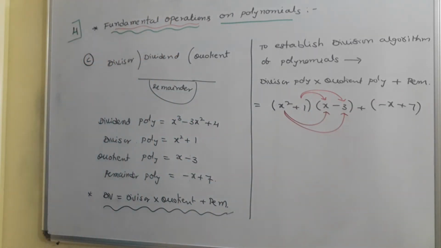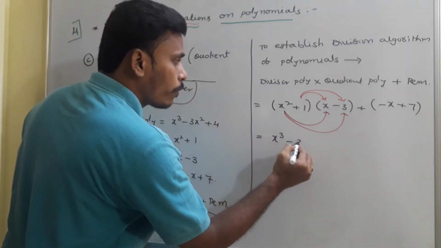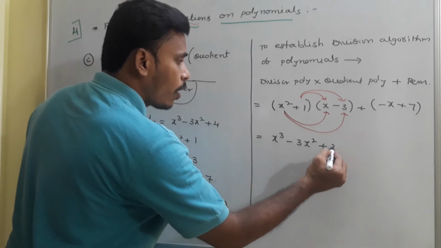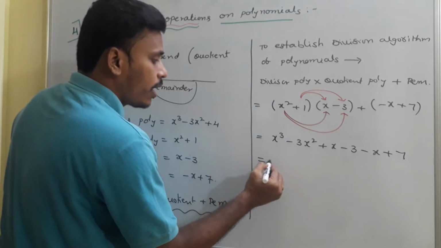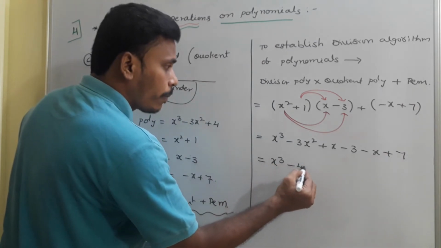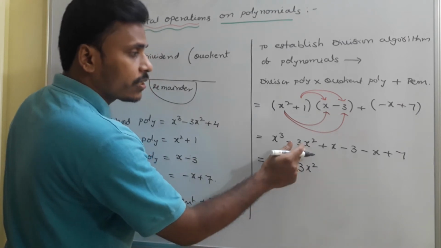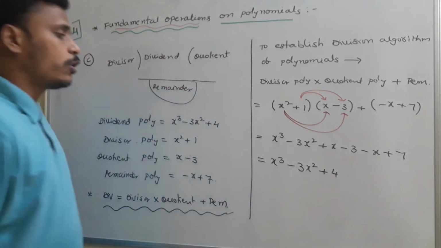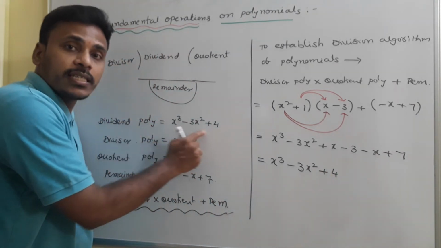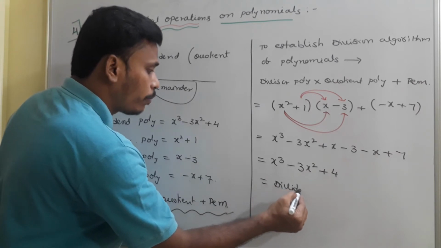You just list it and then add that minus x plus 7. So how it becomes? x square into x is x cube, minus 3x square, 1 into x, 1 into minus 3, minus x plus 7. And that is equals to x cube minus 3x square, this x and that x will get cancelled, plus 7 minus 3 is 4. So x cube minus 3x square plus 4 is simply nothing but what? Dividend polynomial.